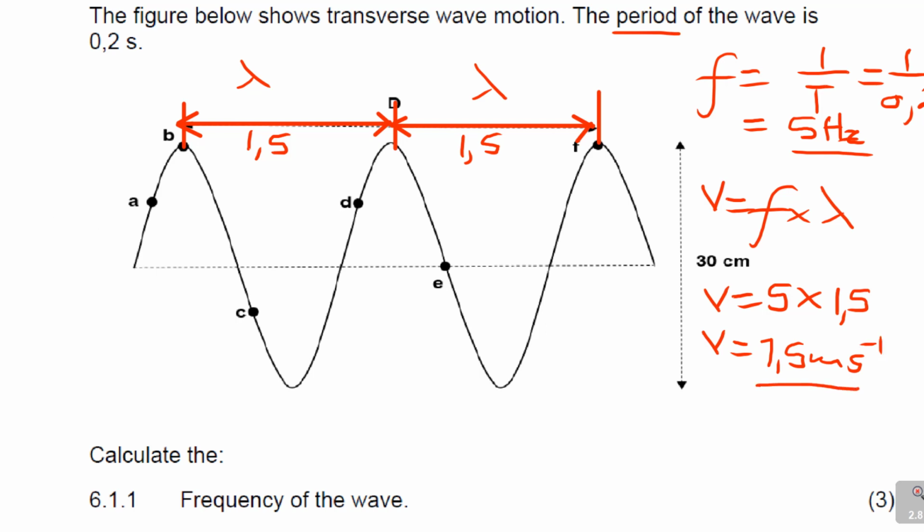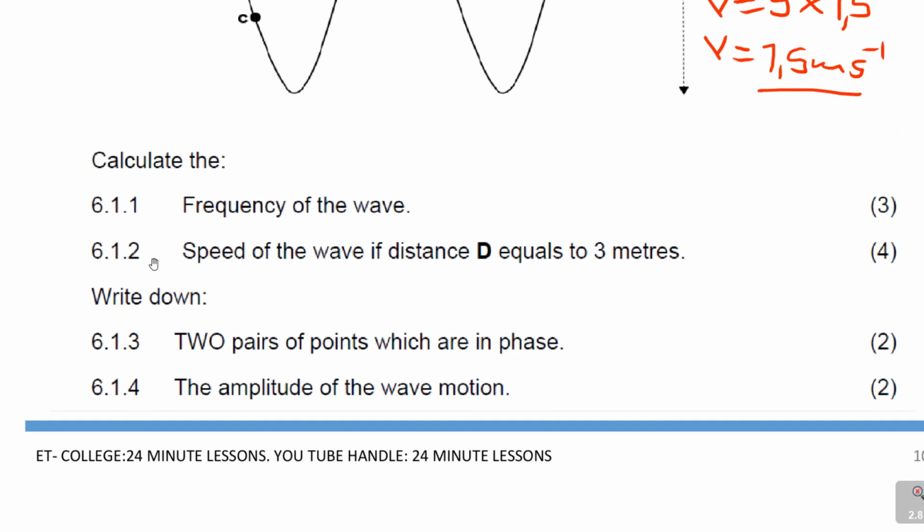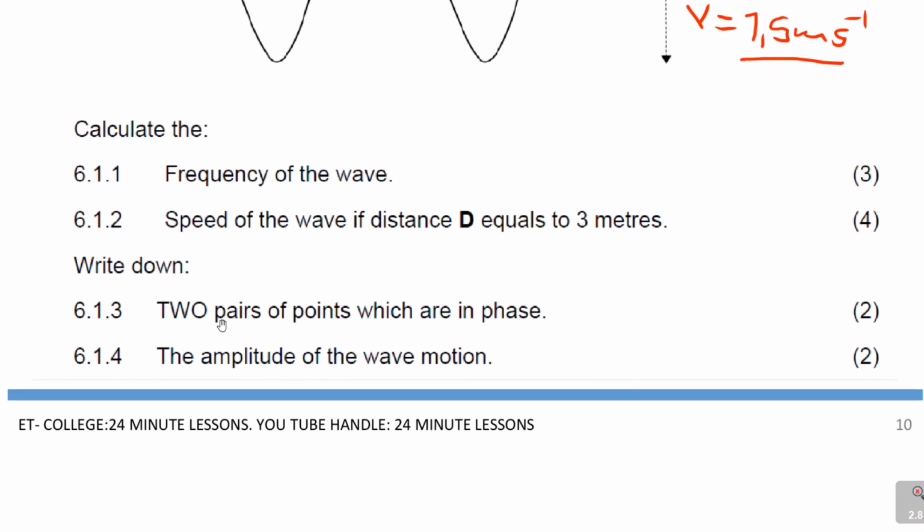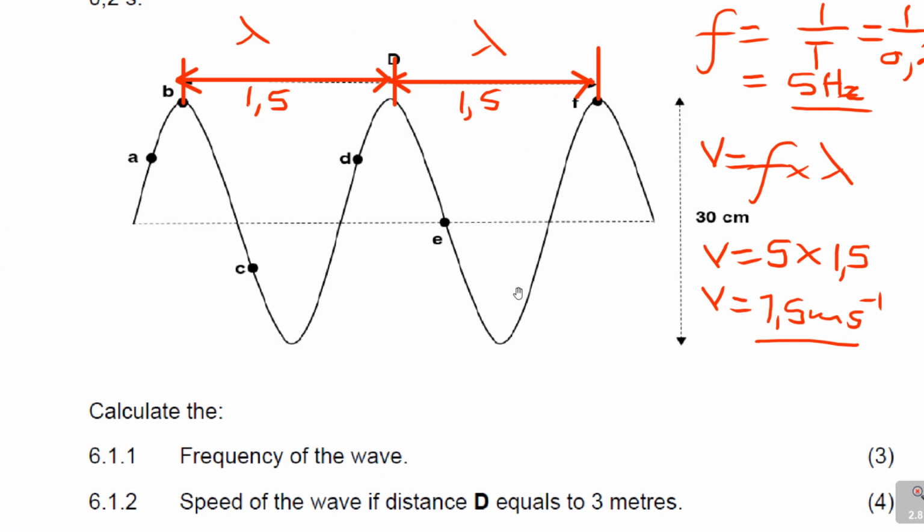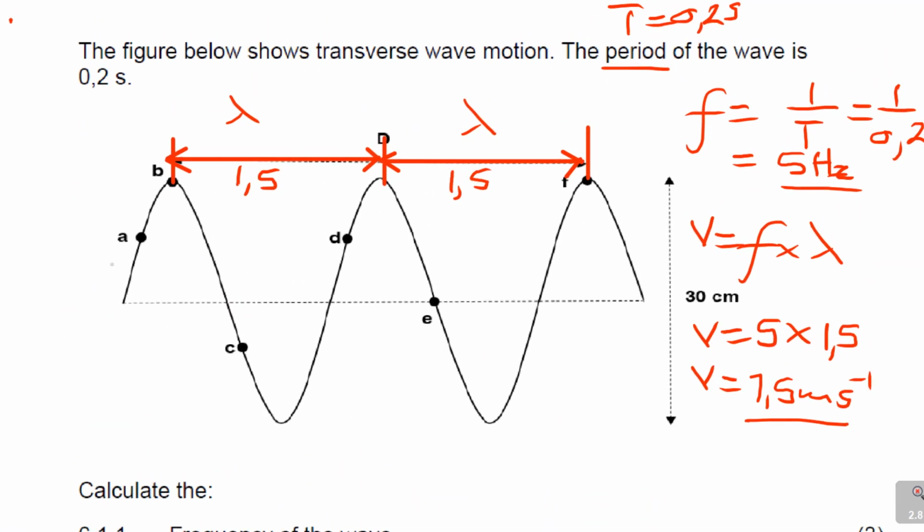Alright, next one. Write down 2 pairs of points which are in phase. Very important now. Let's look at this wave. Remember, in phase meaning they are at the same point, consecutive, meaning when one is going up, the other is going up. Look at A, for example.